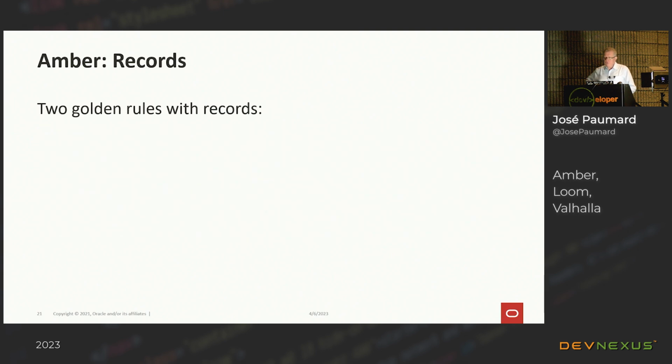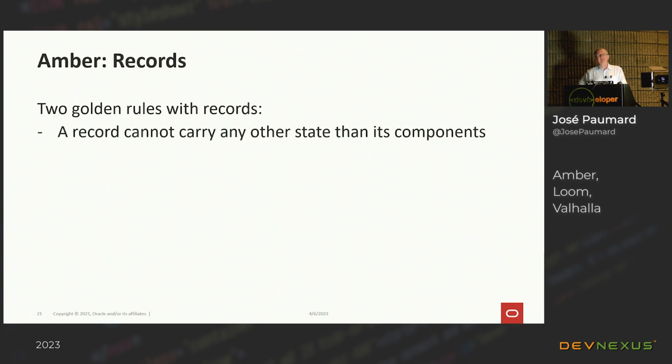Now, there are two golden rules with records, and the first one is super important to have in mind, because that's really why records are part of pattern matching. I'm talking to you about that because records are a critical component of pattern matching. The rule is that a record cannot carry any other state than its components. You don't have an instance field, you cannot extend anything, and you cannot be extended.